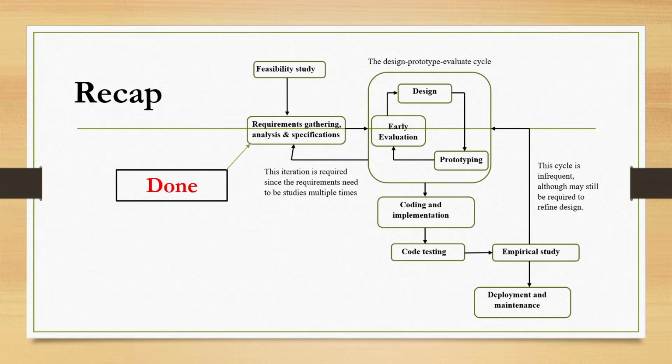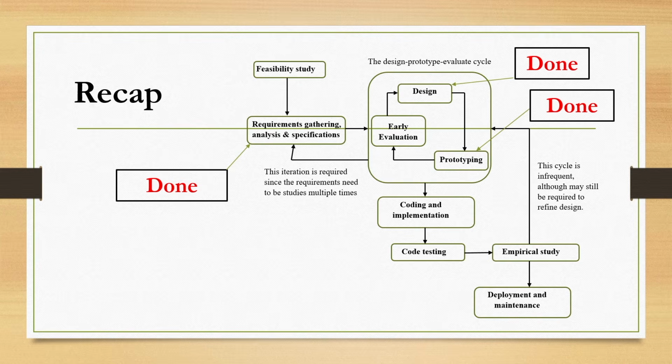So, we have covered requirement gathering, analysis and specification stage. Then we have covered design stage, prototyping stage, early evaluation of the prototyping stage. Now, this design, prototype, evaluation cycle is primarily meant for interface design, keeping usability in focus.